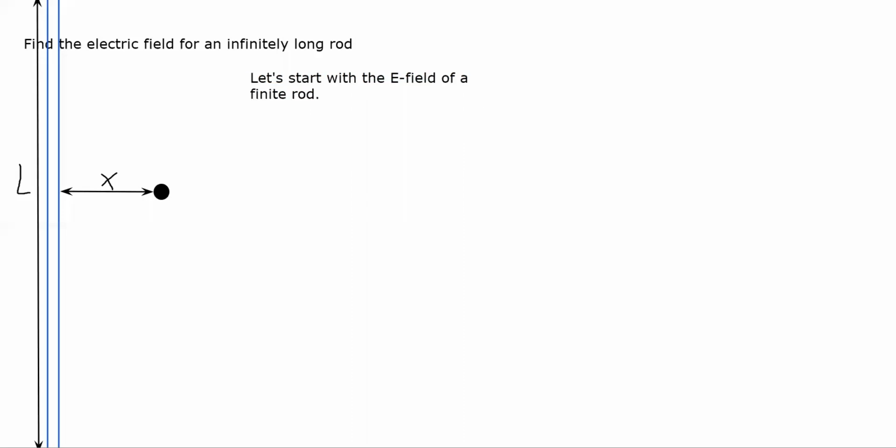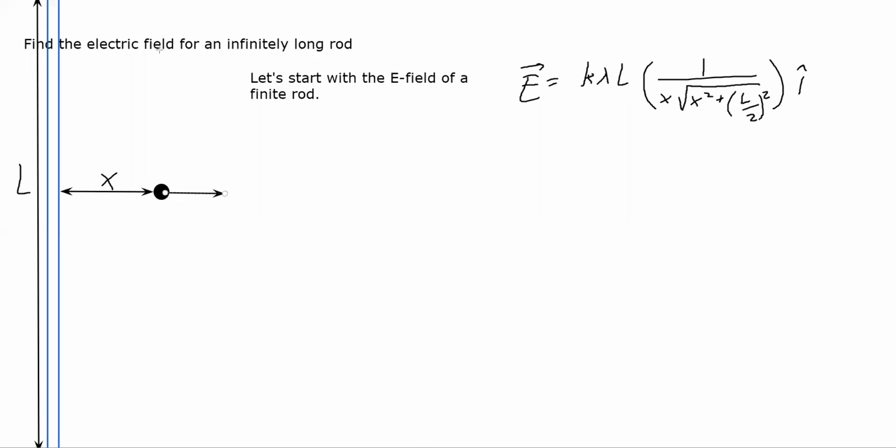For the electric field of the finite rod, we got E equals K lambda L, 1 over X times the square root of X squared plus L over 2 squared, in the i hat direction. So our overall electric field from that finite rod was pointing to the left.